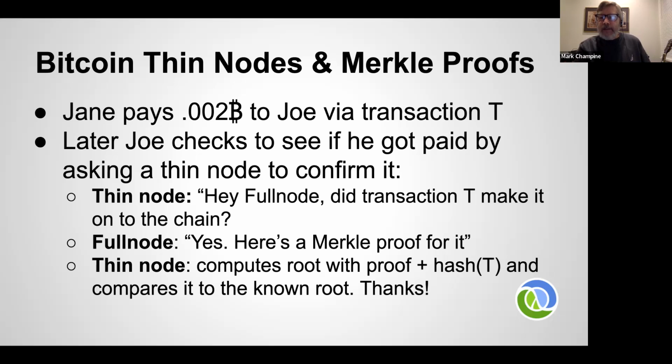Now you actually have what is in essence a fork. You have two equally valid chains that have been constructed by different parts of the network.